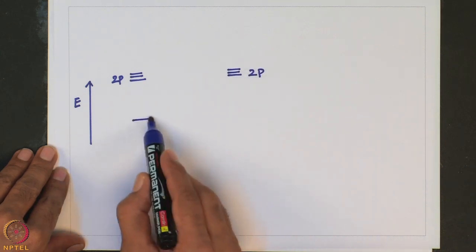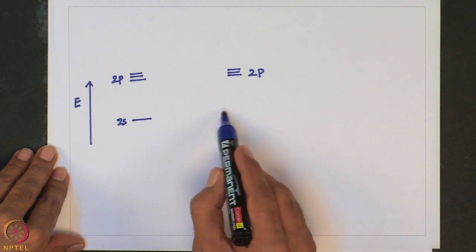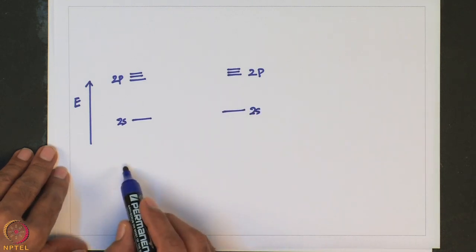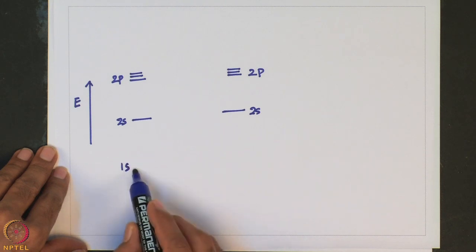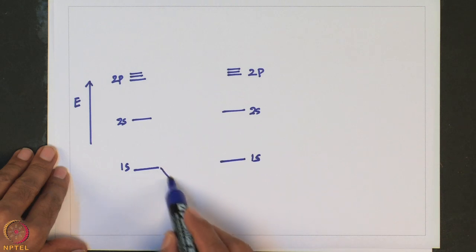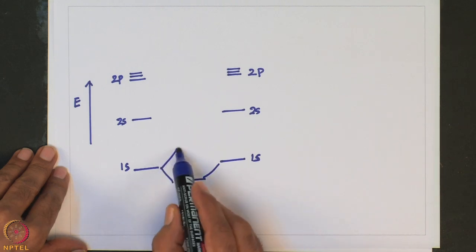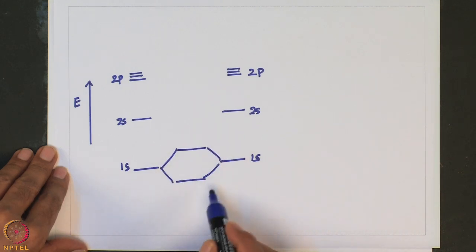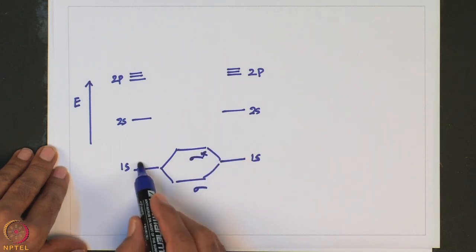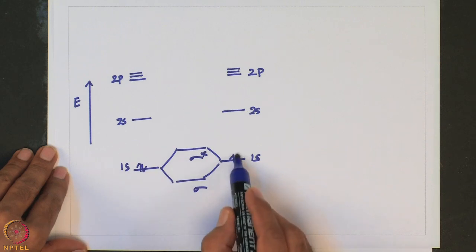Then we have 2s, and then we have 1s. Here we will make bonding and anti-bonding sigma and sigma star. We have 2 electrons here, 2 electrons here.